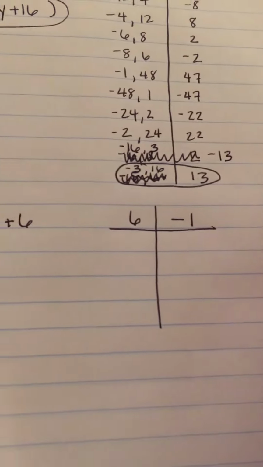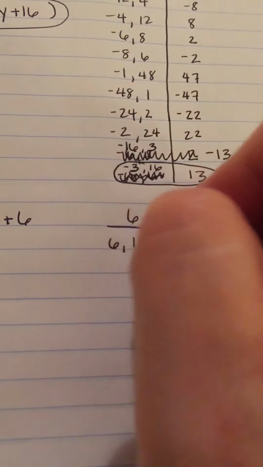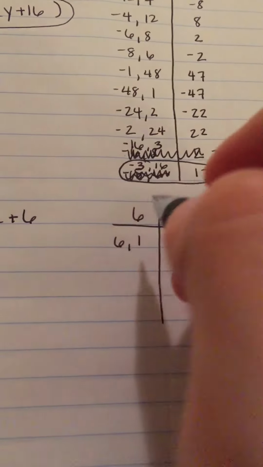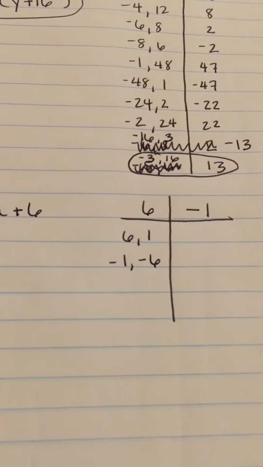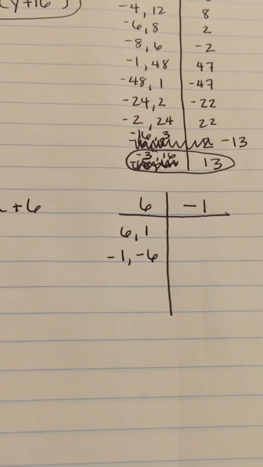So let's see, the factors of 6. So that's 6 and 1. They're both positive, but it's going to sum up to a negative. So those two are positive, but I also need to remember that two negatives can make a positive. Even if I flip the order around and write negative 6 and negative 1, it's still the same thing, so I don't need to rewrite that again.